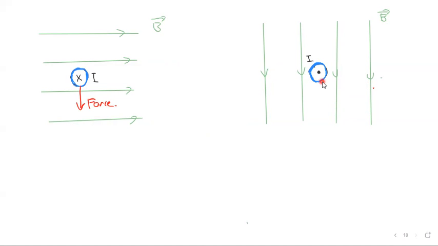On this side, you've got the current coming out, thumb coming out of the page, fingers down, which then results in push to the right. So those are some different views of the same scenario.